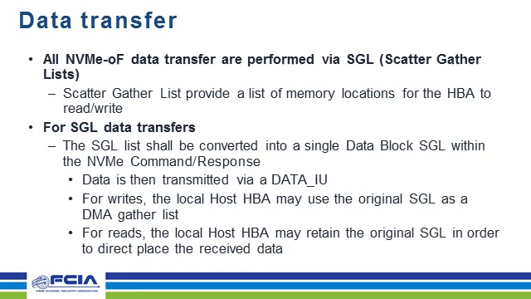For Fibre Channel, since we can't send the list of memory locations across the wire, we move the data presented in the list into an FCP data IU. For writes, the local host gathers the data from memory and sends it into the data IU. And for reads, the HBA presents a list of memory locations that the read data will be stored in when it's received.